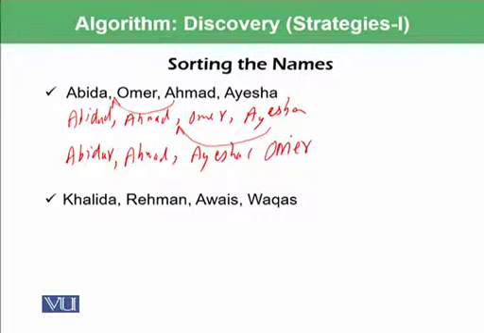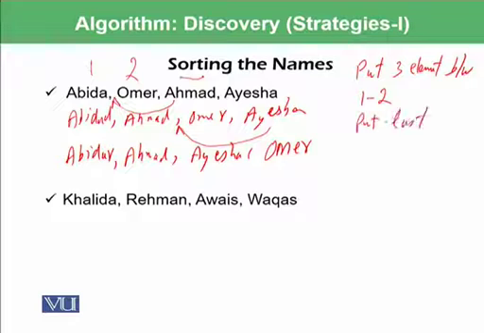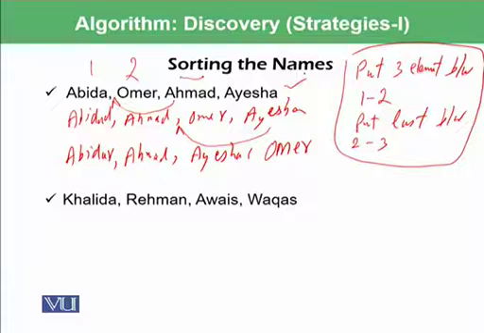So the first step was putting the third element between first and second, and then putting the last, or fourth, between second and third. So this was the algorithm that sorted this list.